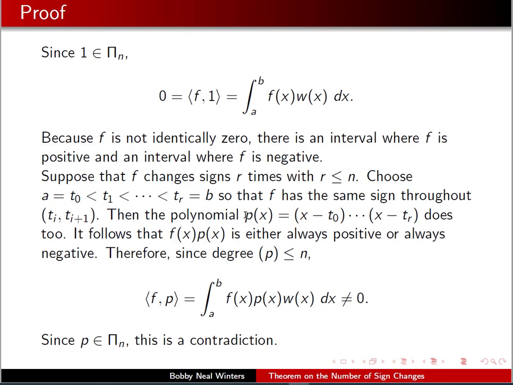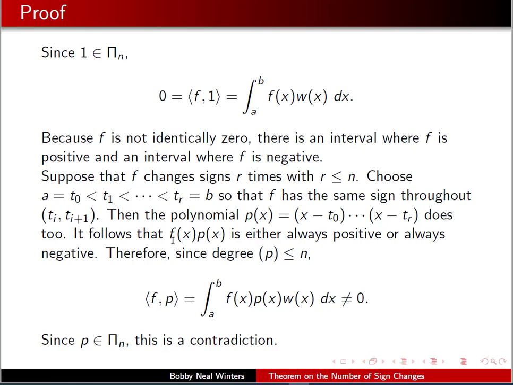So now, from those choices of t, construct a polynomial p of x to be (x minus t0)(x minus t1) up through (x minus tr). This polynomial is going to have the same sign throughout each of these intervals as well.